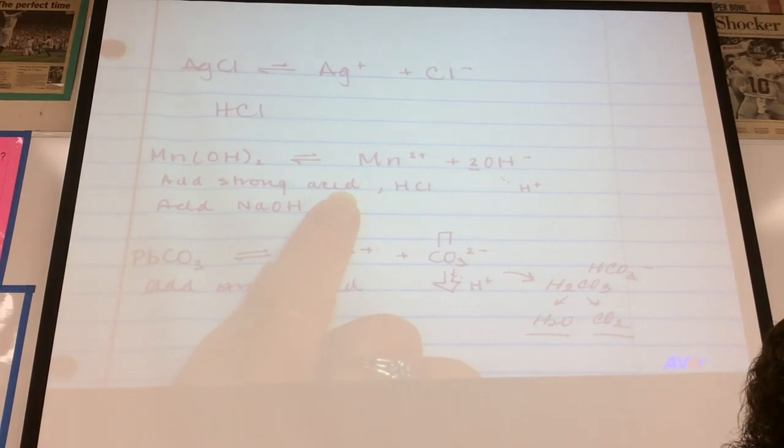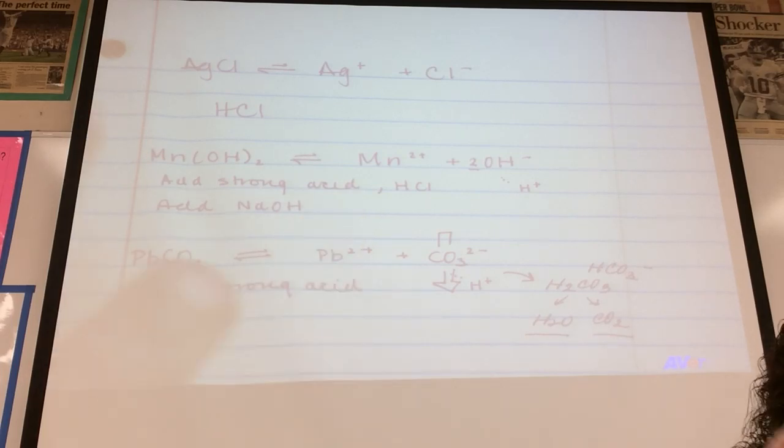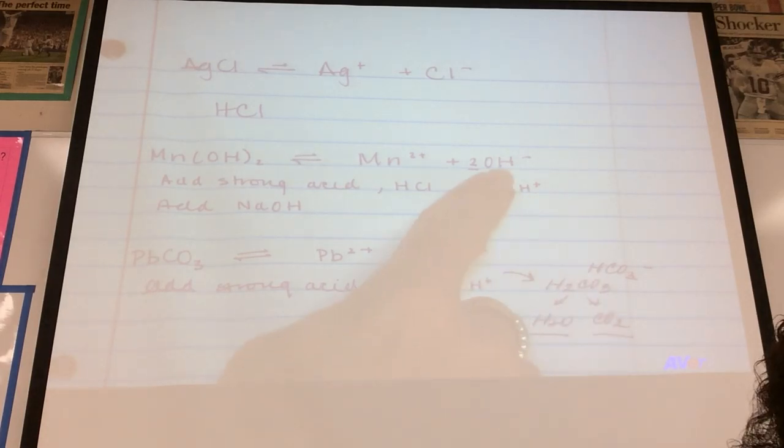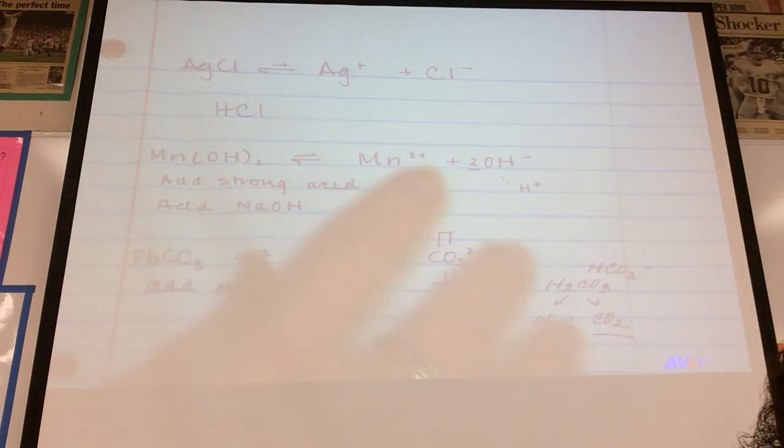Because it makes it more acidic, so you have more of what? The protons. So at lower pH, the concentration of proton increases. Those protons react with the hydroxide ion, so you generate more water.